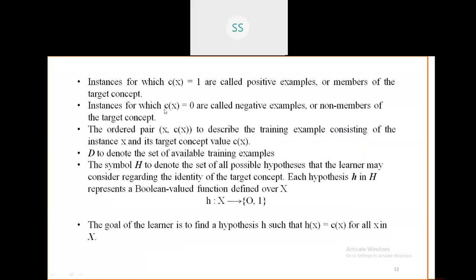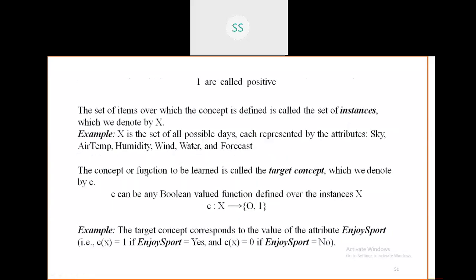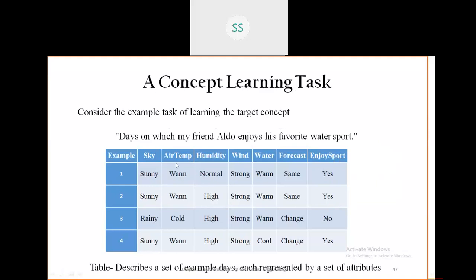Instances for which c of x equals 0 are called negative examples, or non-members of the target concept. How many negative examples do you have in the given example? Three, sir.